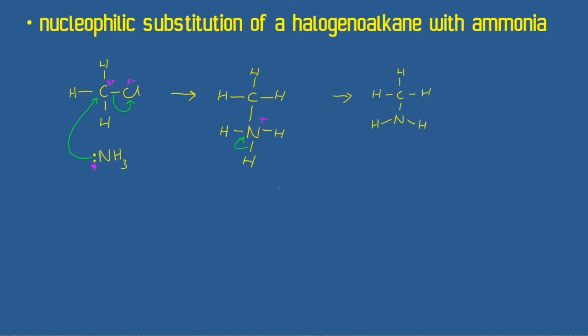Well, it is actually abstracted, so removed, by another ammonia molecule. The other ammonia molecule has a lone pair. This lone pair can form a bond with the hydrogen that we are removing. So here I've just shown it attached to the ammonia.